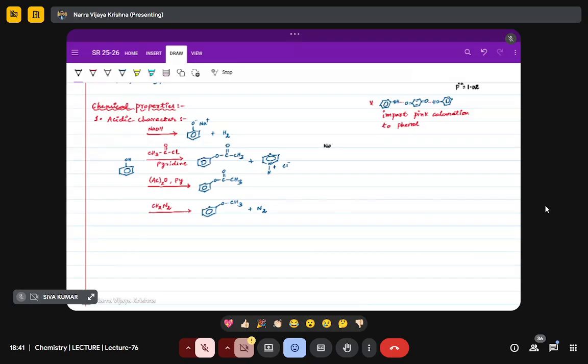I am writing a note. Compared to phenol, phenoxide ion is more stable. Reason, sir? Compared to phenol, phenoxide ion is more stable because the phenoxide ion is involved in resonance.